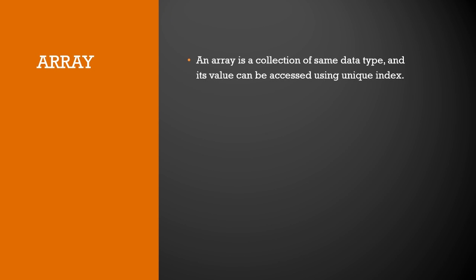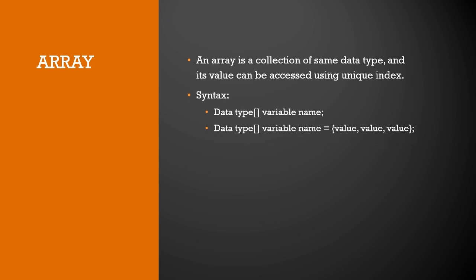Array. An array is a collection of the same data type and its values can be accessed using an index. So when we want to have a group of the same data type, we use an array. The syntax for declaring an array is data type square brackets. In the square brackets, you can define the size of the array and then the variable name.